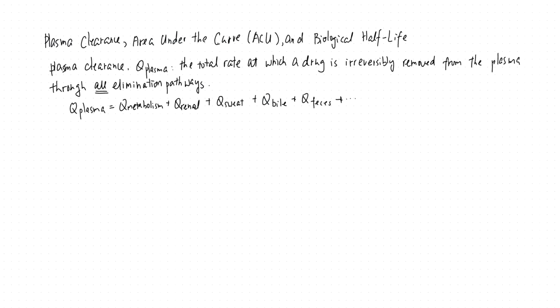So when we have this Q plasma defined, we can still build the mass balance for the body. We can still draw the same diagram. I'm not going to draw it again. Now in the diagram, we have the body, and instead of the kidney, we can say it's a collection of all possible clearance mechanisms.